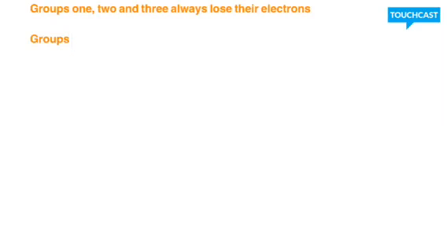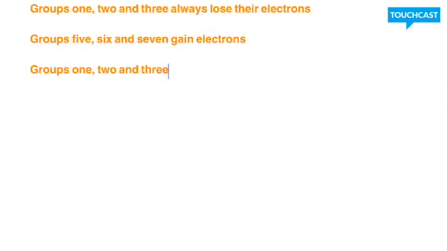Groups 5, 6, and 7 gain electrons. As you know, groups 1, 2, and 3 are metals, so the metals always lose their electrons. Groups 5, 6, and 7 are non-metals.